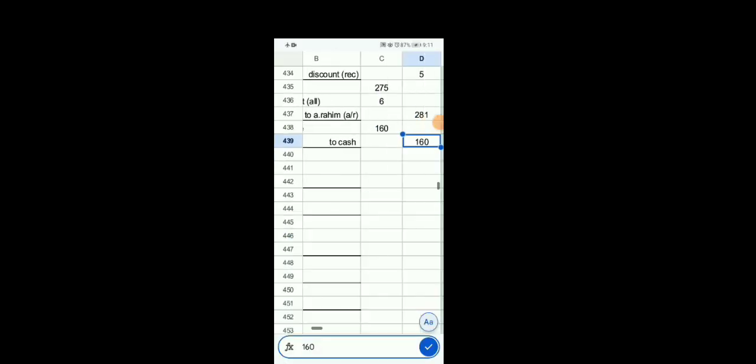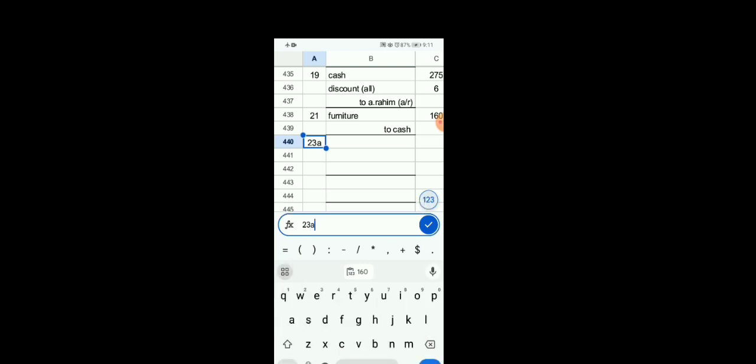Now let's see the next entry, October 23. Put the date first, 23, and now see what 23 is saying. Drew cash from bank and paid advertising. There are two parts of 23, so it's better to write 23A in the first part.